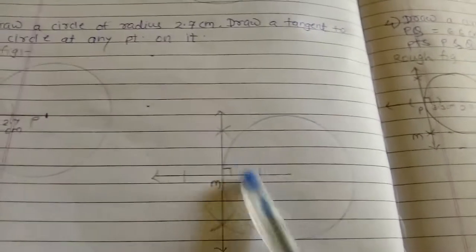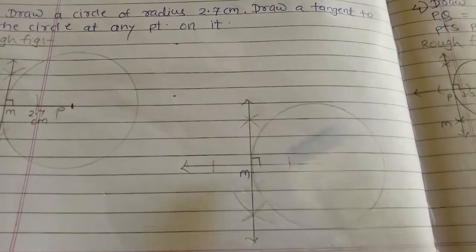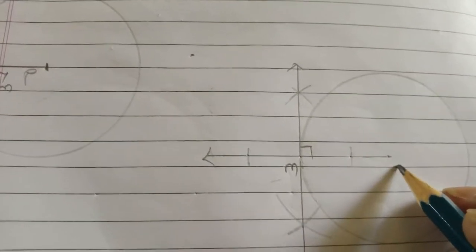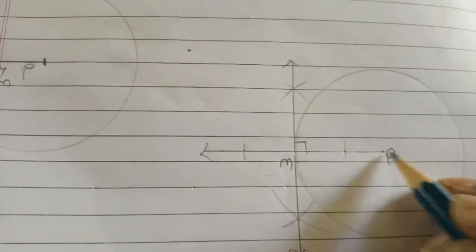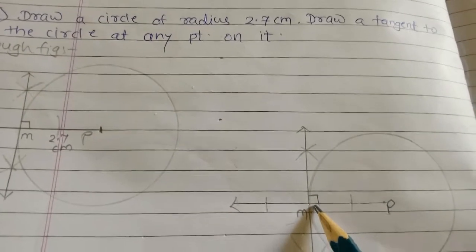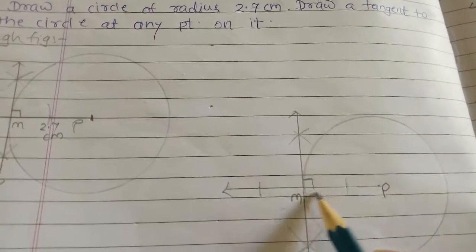Again we have to draw a circle with radius 2.7. So here is my point M. So this is point P, and this radius is what you have been given, that is 2.7, and you have to extend this line.